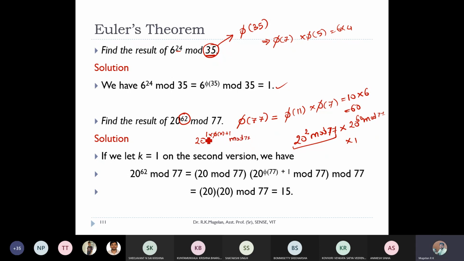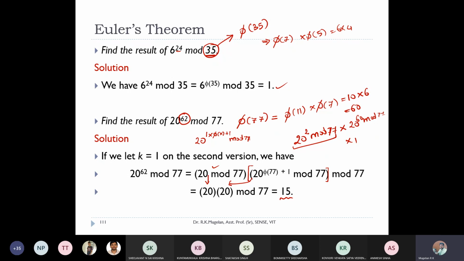Phi of n is 60, so 20 power 61 will come, and then 20 power 62, which is simply 20 mod 77. So this will give you an answer of 20. And 400 mod 77, you can use a calculator to get the answer directly.